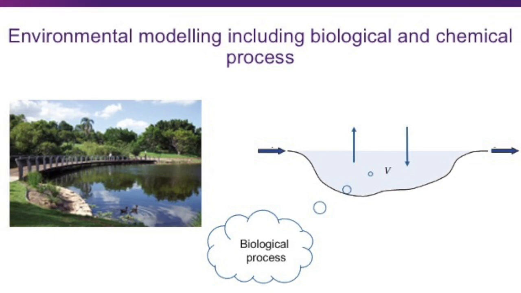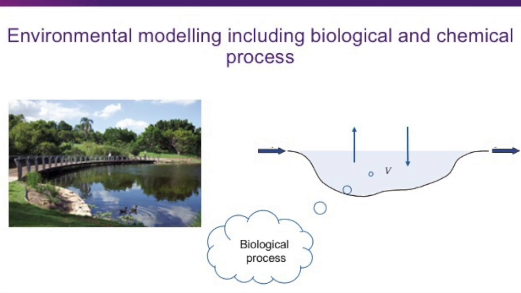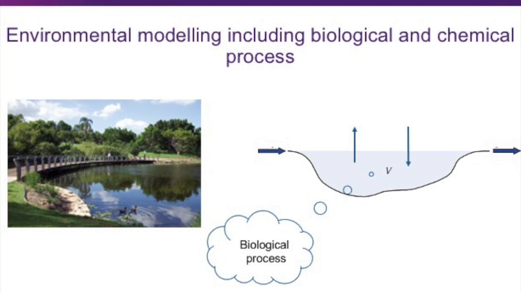We can also have outflows of the biomass that is being produced, for instance, the algae, or the substrate that is being used in the biological processes can also leave the system.